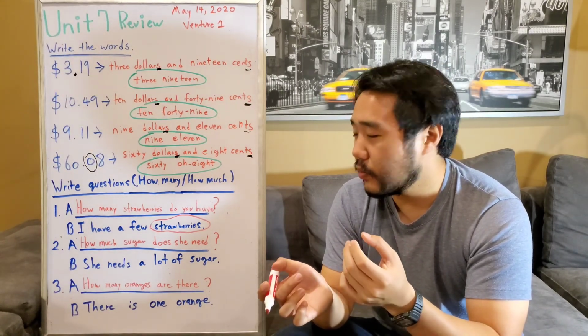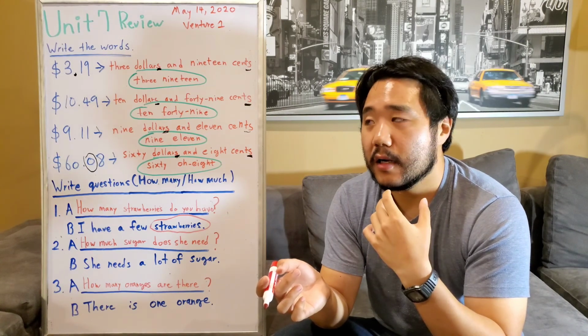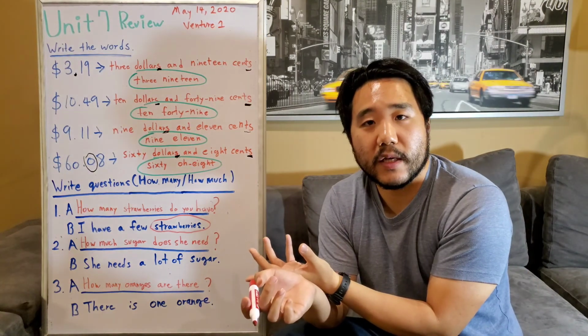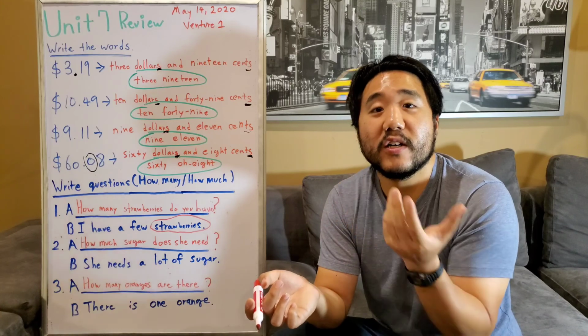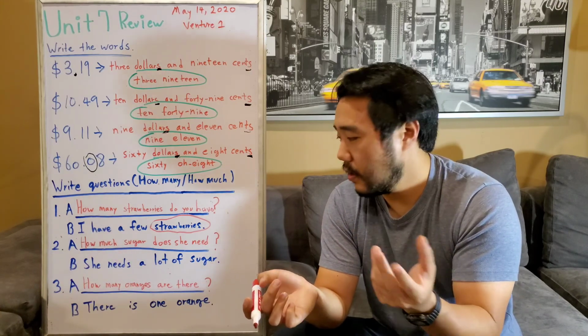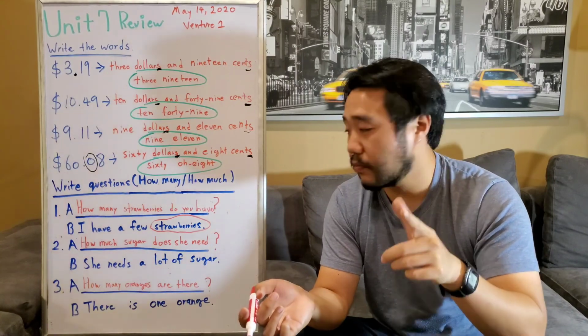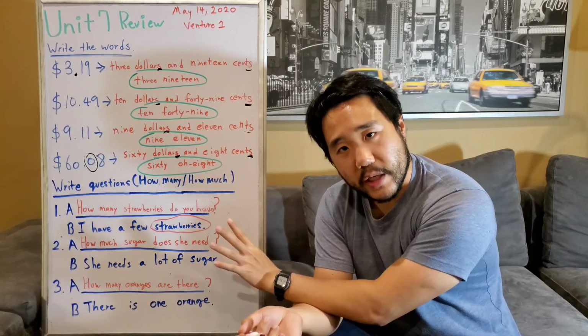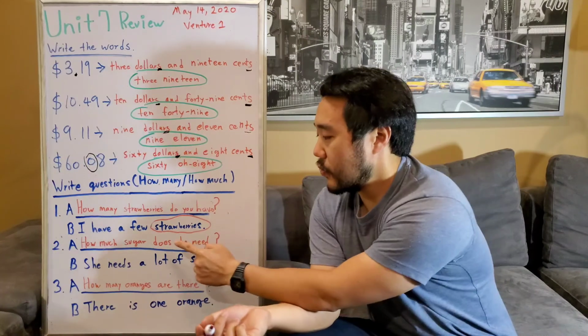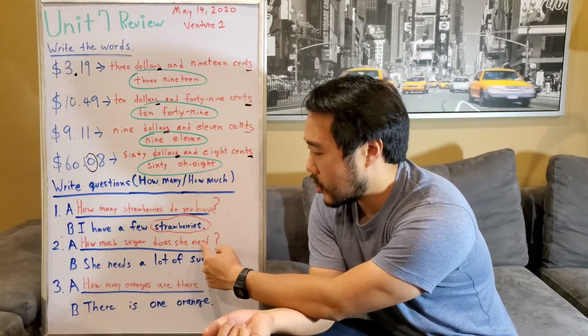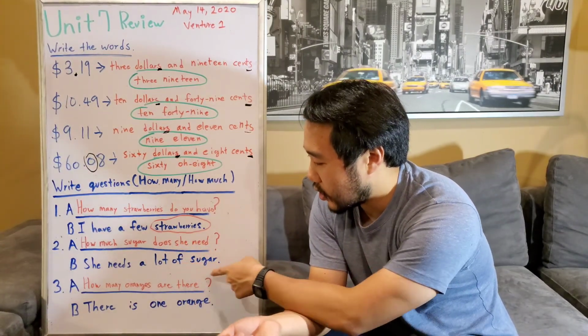So we say, can you do this for me? Not, can she does this for me, right? So do and does, the difference you need to remember is about the subject pronoun. Here we have she, so we have to use does. So how much sugar does she need? She needs a lot of sugar.